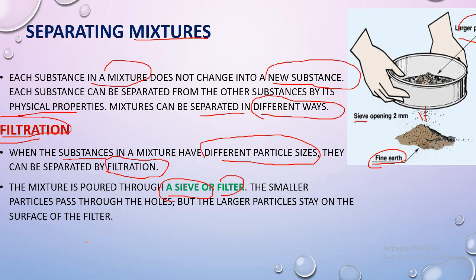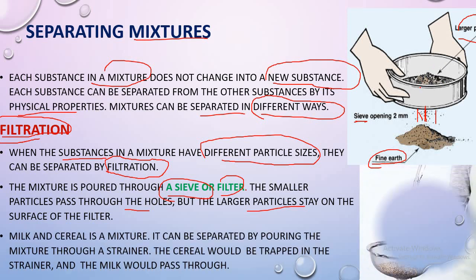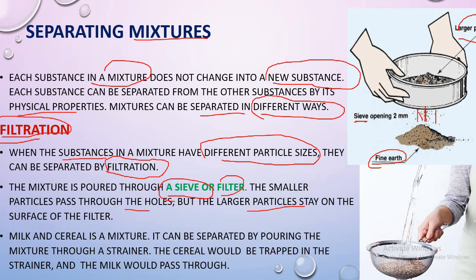The smaller particles pass through the holes, while the large particles stay on the surface of the filter or sieve. Look at this filter. Large particles stay, while small particles, like water, pass through the holes of the sieve or filter.